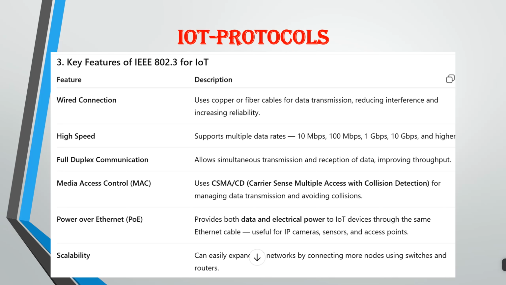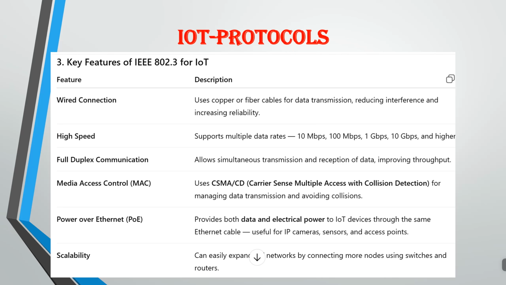Whenever it uses copper cable, it carries the data in terms of electrical signals. Whenever it uses fiber cable, it carries the data in the form of laser beam. So these are the two types of data we expect here. But the concept of power over Ethernet (PoE) says that the cable is capable of sending data as well as electrical power to IoT devices.